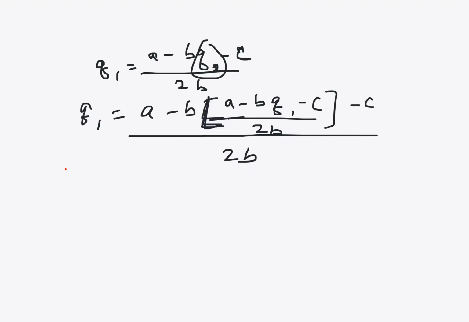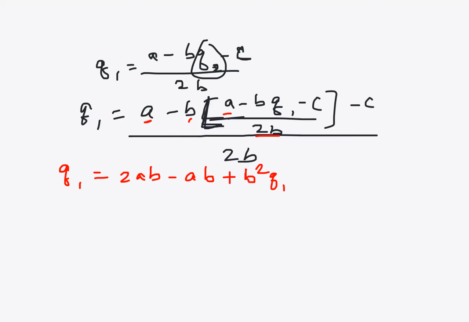So what we are going to do first, let's write down again, Q1 is equal to, basically 2B gets multiplied with this. So 2 times AB minus B times A, which is AB, minus B times minus BQ, which is plus B squared Q1.